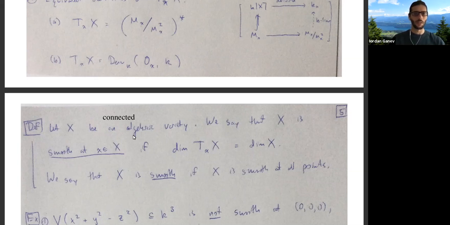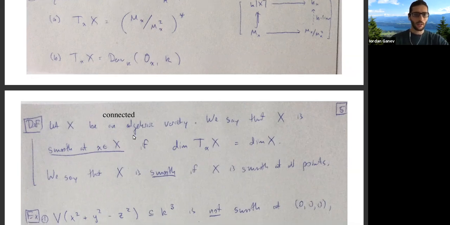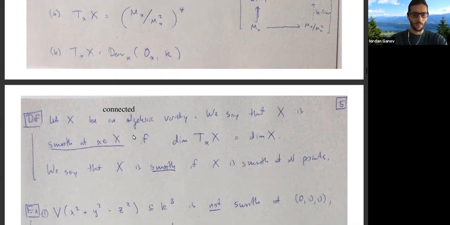We just have to be connected. Different connected components can have different dimensions, and the smoothness of a point just depends on which connected component it is.